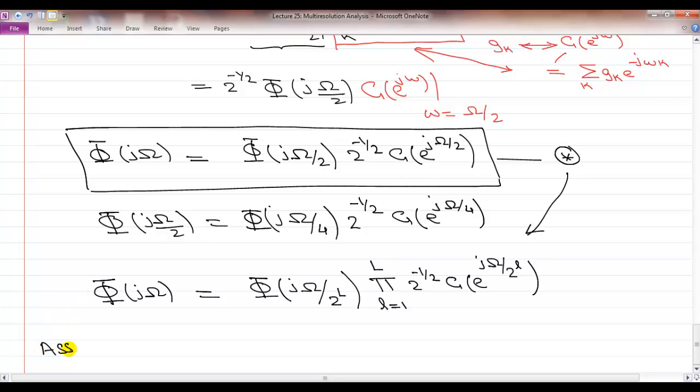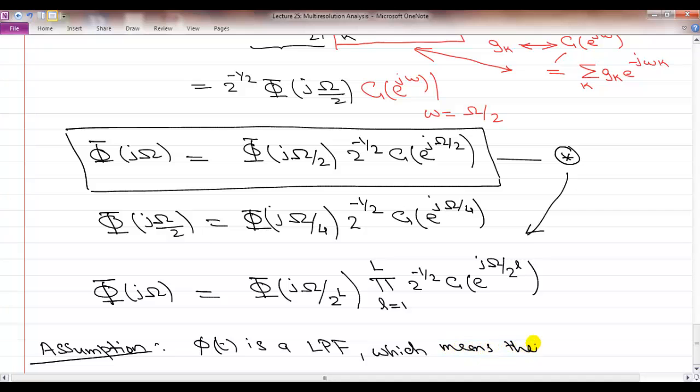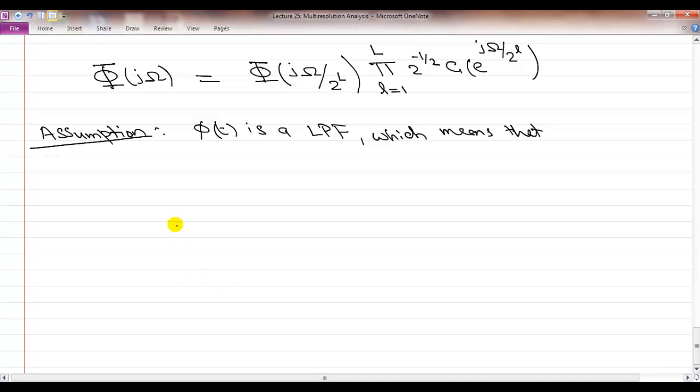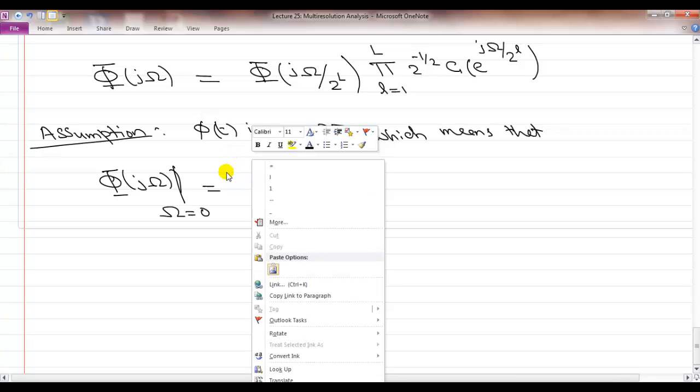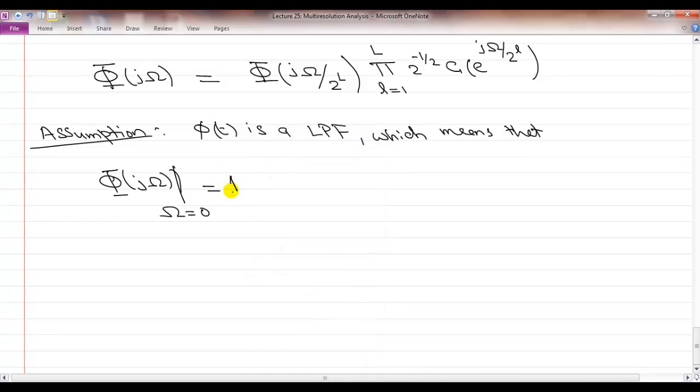So the assumption we'll make is that phi of t is a low pass filter, which means that the Fourier transform of phi at omega equal to 0 cannot be equal to 0. And in fact, we'll just assume that that is equal to 1. So it's a low pass filter where at the 0th frequency it is equal to 1.